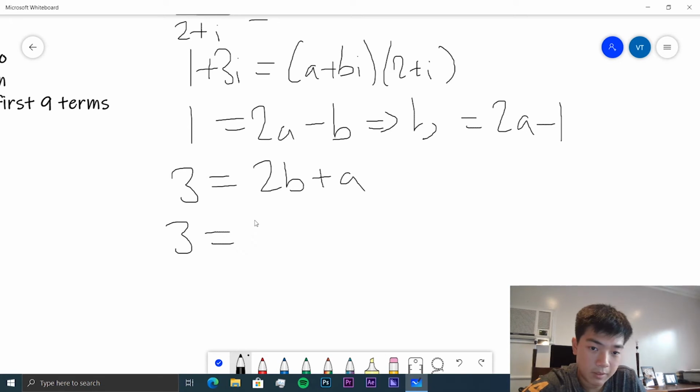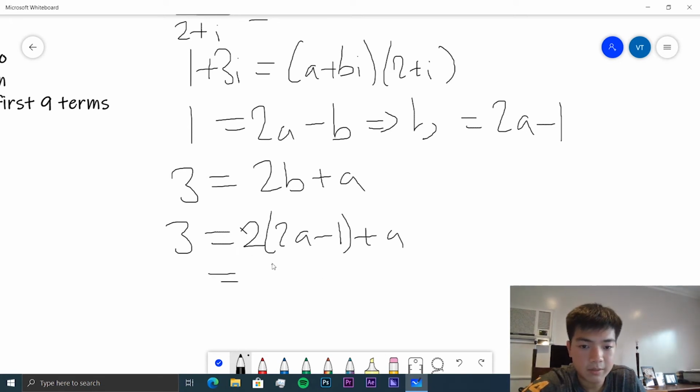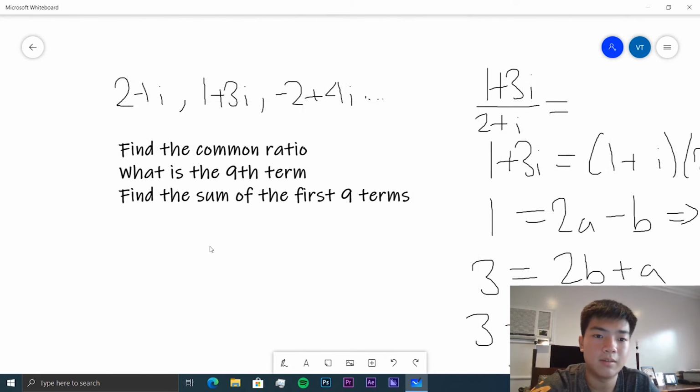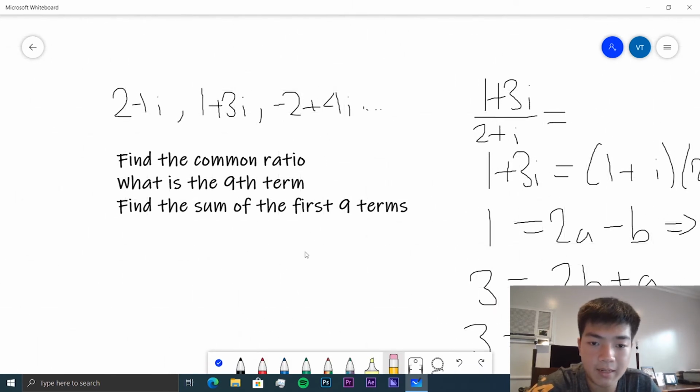So 3 is equal to 2 times 2a minus 1 plus a, which is equal to 5a minus 2. So a is equal to 1. And b is equal to 2a minus 1, so b is also equal to 1. So we have 1 plus i as the common ratio. So the common ratio is 1 plus i, but maybe we could express that in Euler's form, which is equal to square root 2 times e to the i pi over 4.